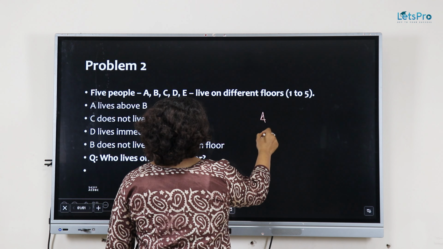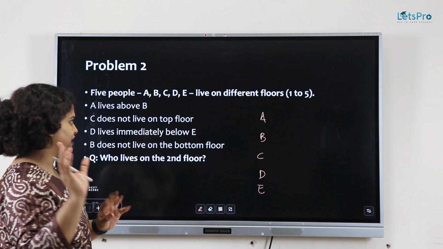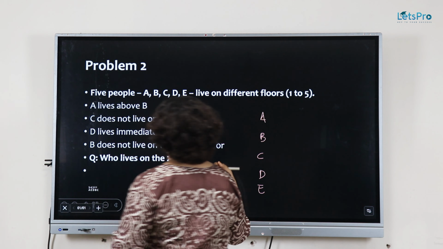So there are 5 floors, live on different floors 1 to 5. Let's take it as 5, 4, 3, 2 and 1 as of now.